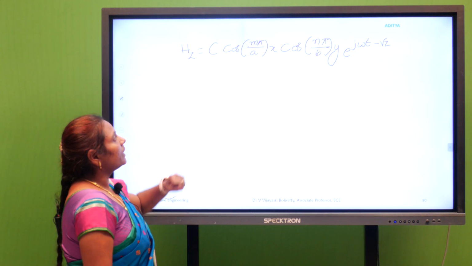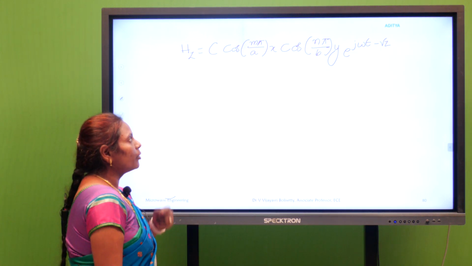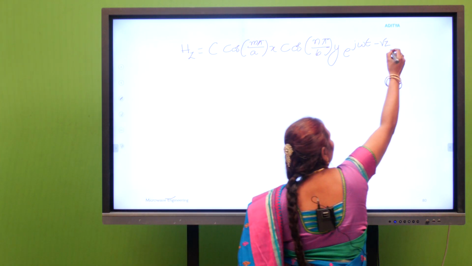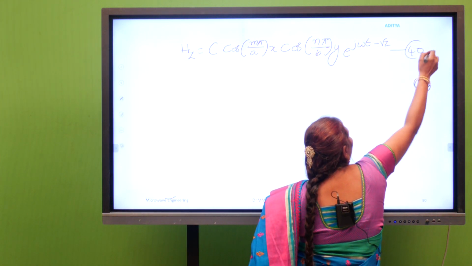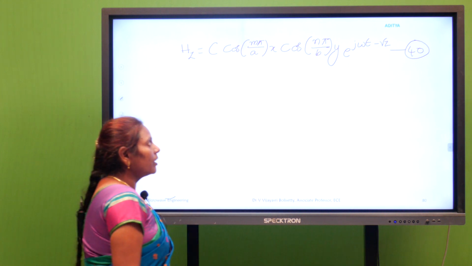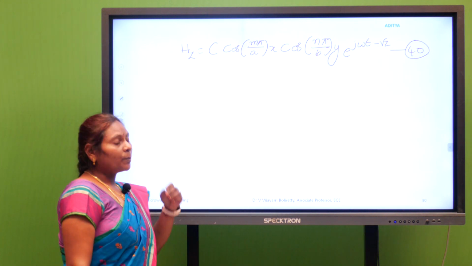This is our TE wave equation which we have derived, and this is equation number 40. Now from this wave equation let us derive the field expressions.